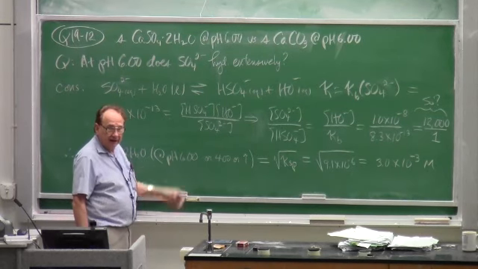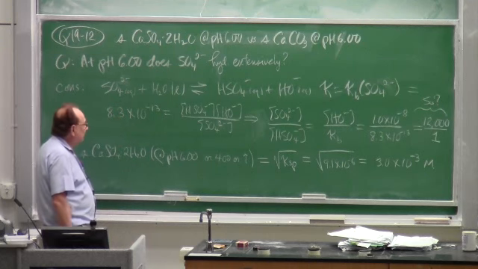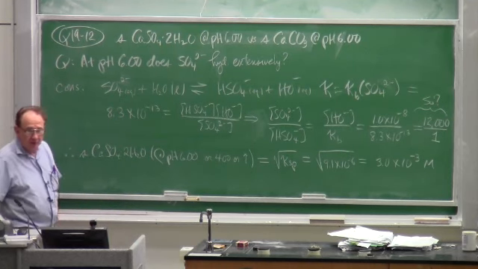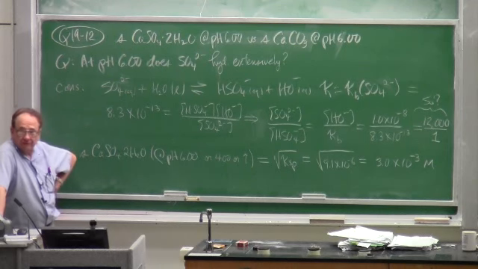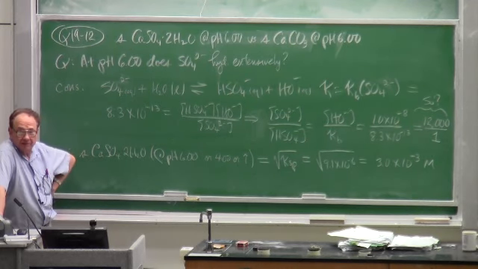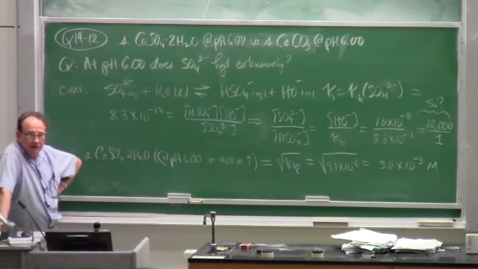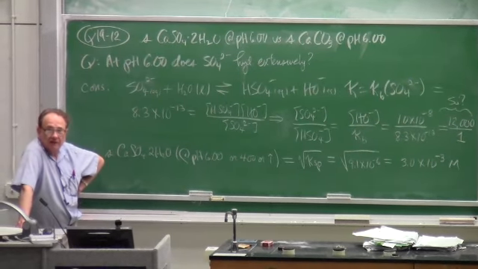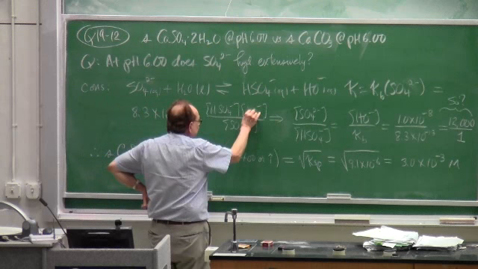Well, to get a handle on this, we consider Kb sulfate, which is 8.3 times 10 to the minus 13, a daggone small number. This is already suggesting that hydrolysis of sulfate ion isn't particularly consequential. The question is, how consequential is it at pH 6? Well, here's the equilibrium constant expression.